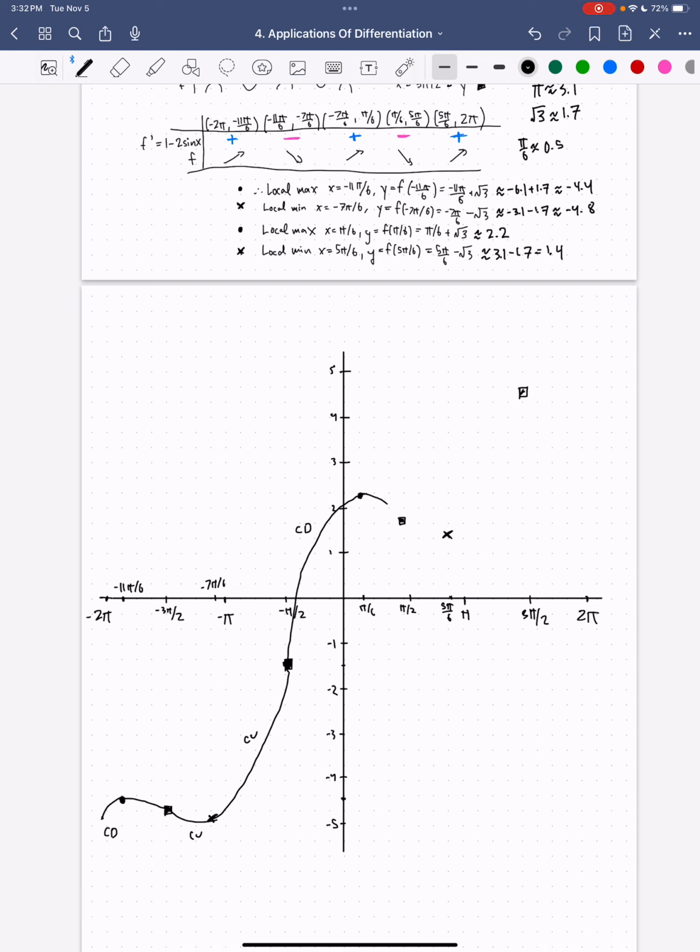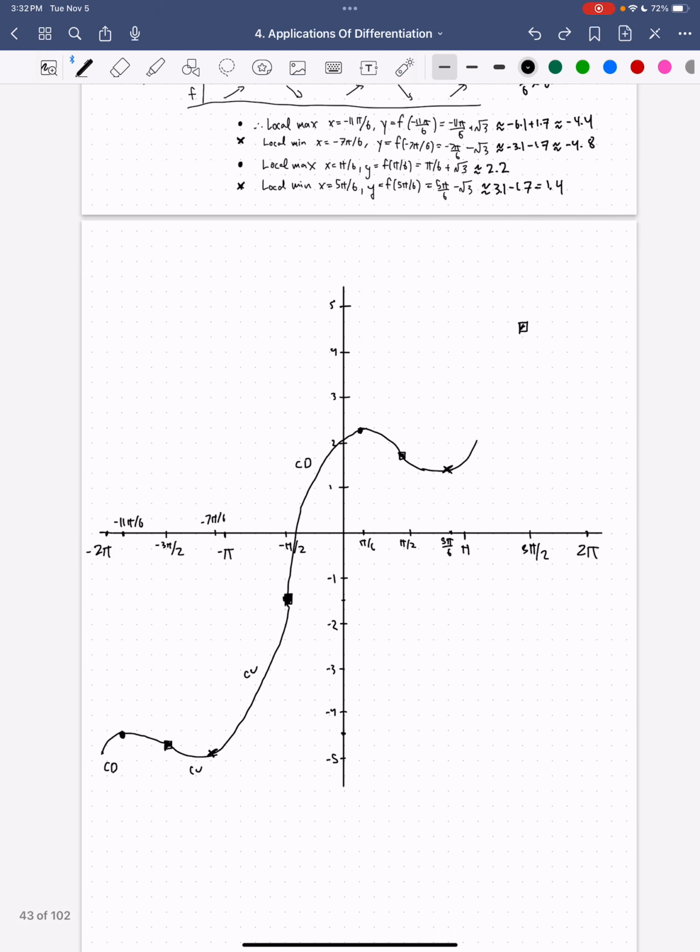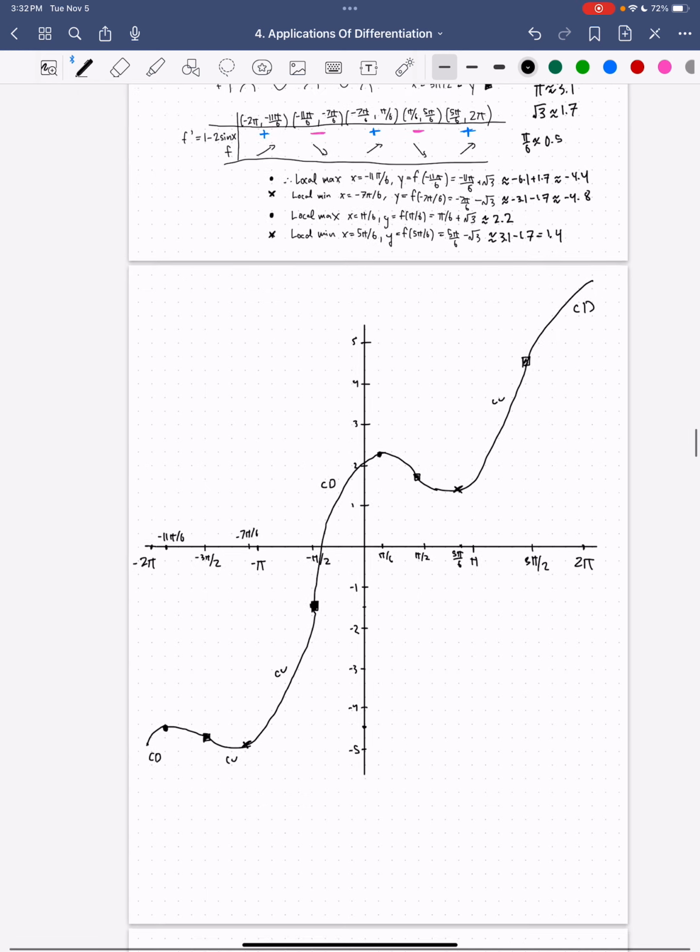Then decreasing, and then inflection, and then increasing after the local min. Do I have like a dead spot there? There we go. Increasing, so here we're concave up, but now we're supposed to be concave down, so I'll draw that a bit better. And that's it. That's our function.